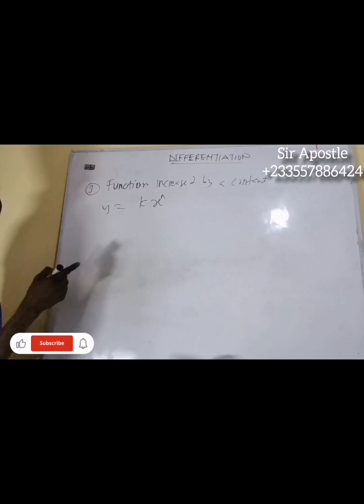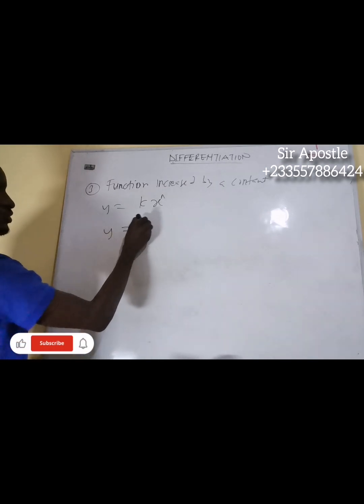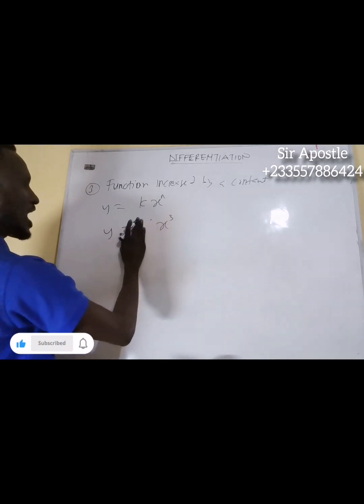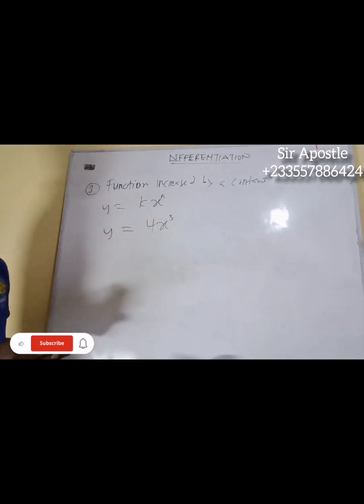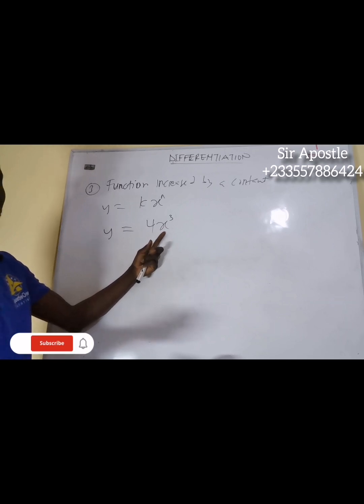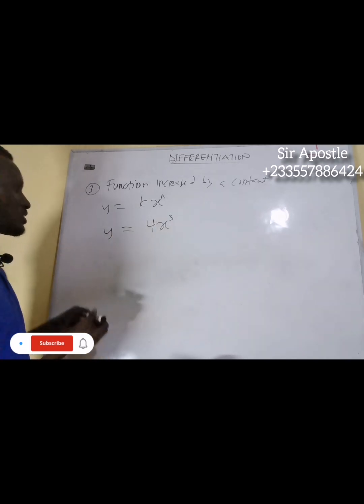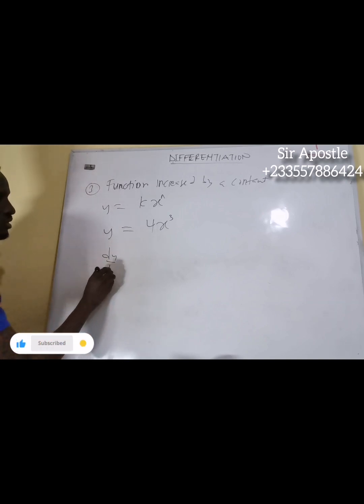That is what I talked about in general differentiation, but I want to talk about it here too. So if we have y is equal to 4x^3, how are we going to differentiate this one? This one is a constant, so our concentration is on the x. Don't forget, we can even bring the 4 out, then we differentiate the x. Yes, so it is something simple.